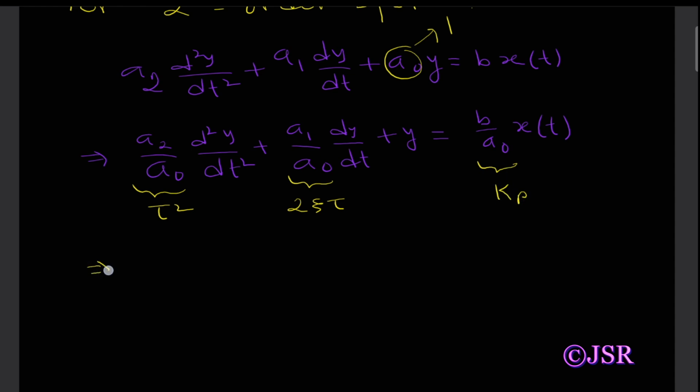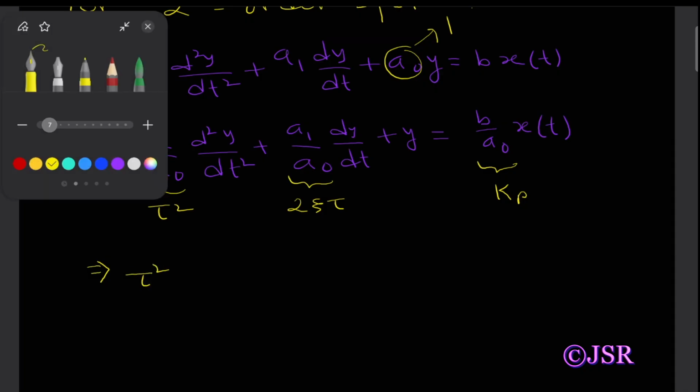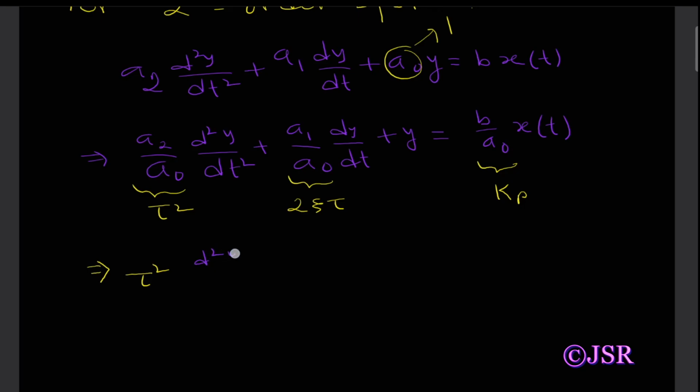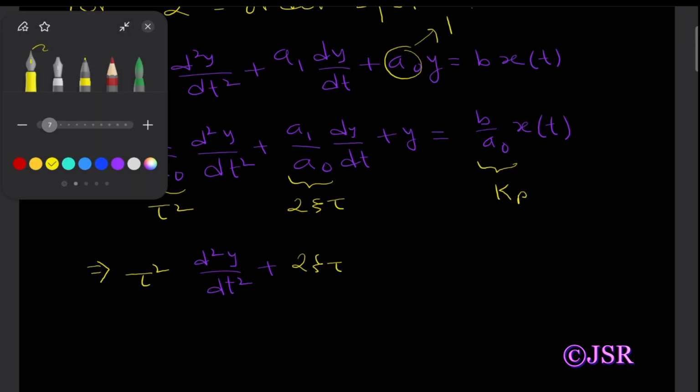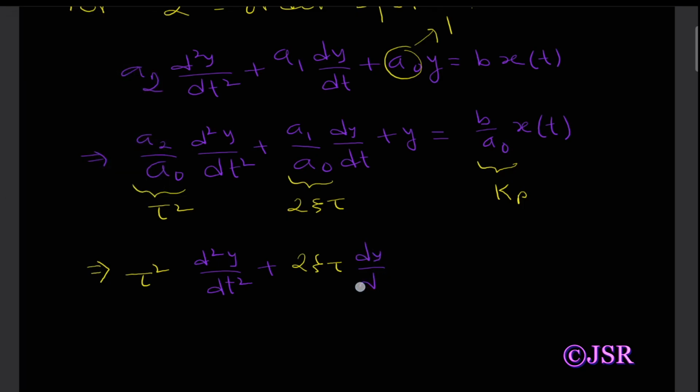So finally here we will have tau square d square y by dt square plus 2 zeta tau dy by dt plus y equals kp x of t. So this is equation number 11.